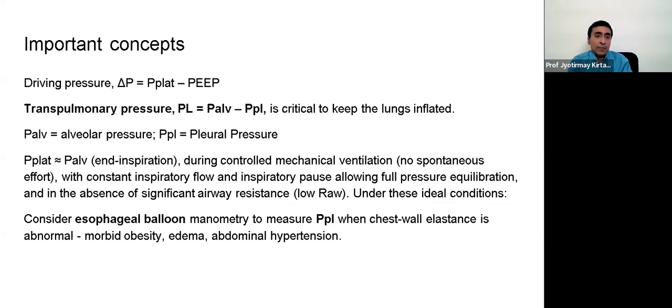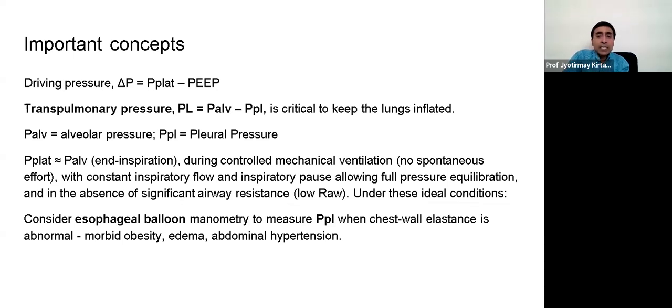So again, the recap of this: the transpulmonary pressure is such an important thing. It is critical to keep the lung inflated, but if you overdo that, it is going to throttle the right ventricle.